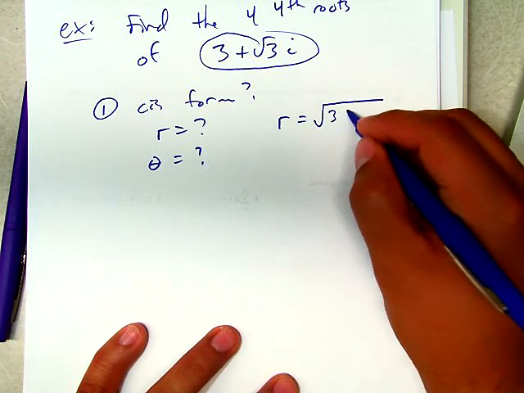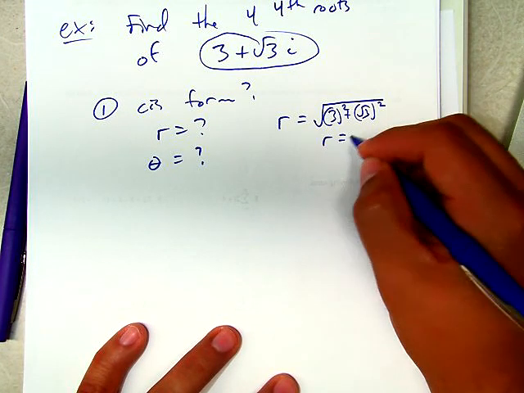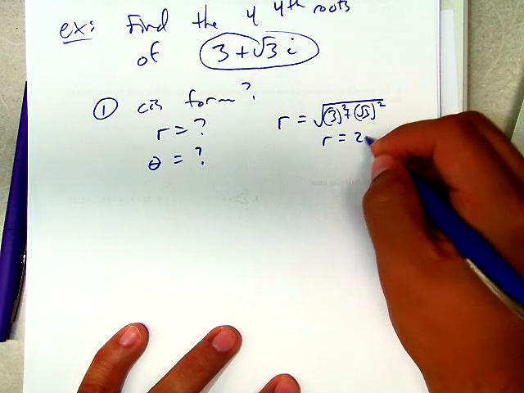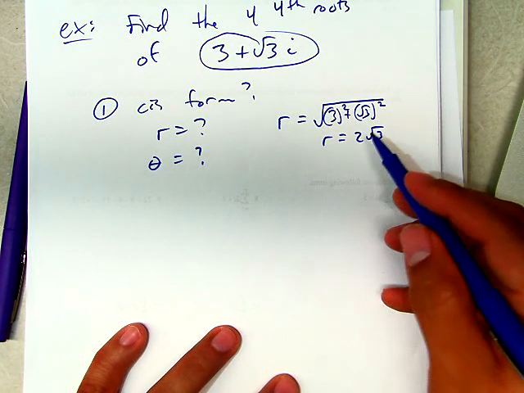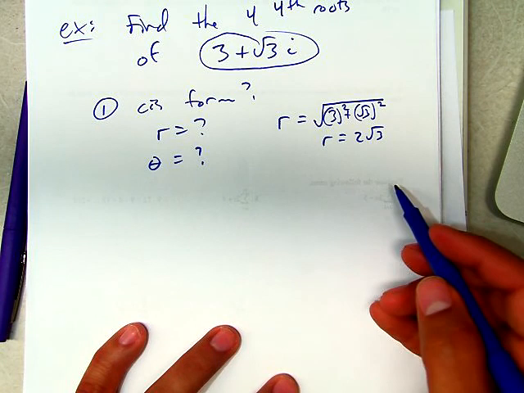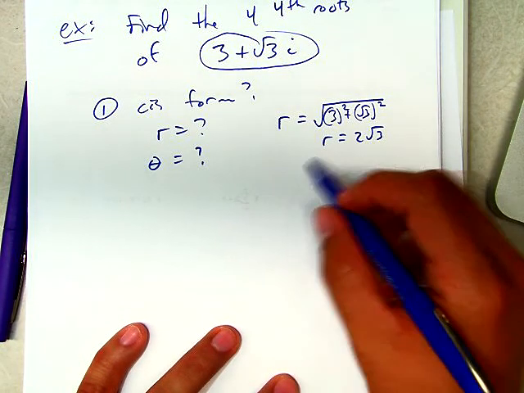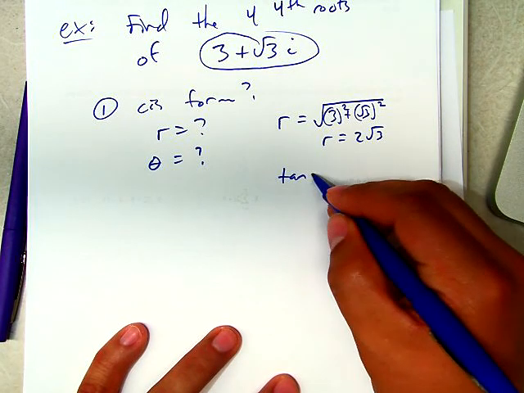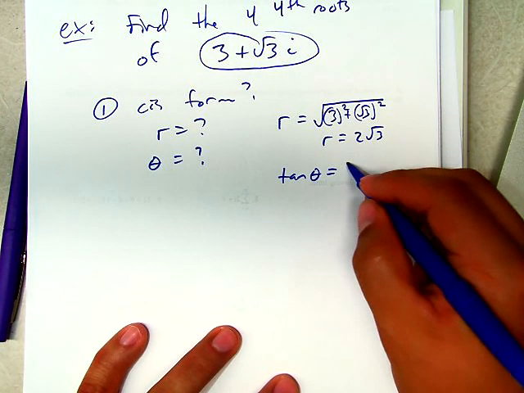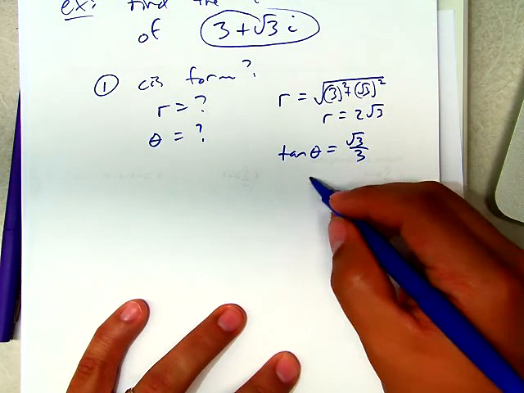For those of you that were here Friday, how do we find r if I have this number here? A squared plus B squared. Yeah. So if I square the A, square the B, what is that? 9 plus 3 is 12. So I get that the radius here is 2 root 3. So everything we just did earlier gets replaced with 2 root 3. Okay, that's the only difference so far. And now theta, we could do tangent of theta equals B over A, root 3 over 3.